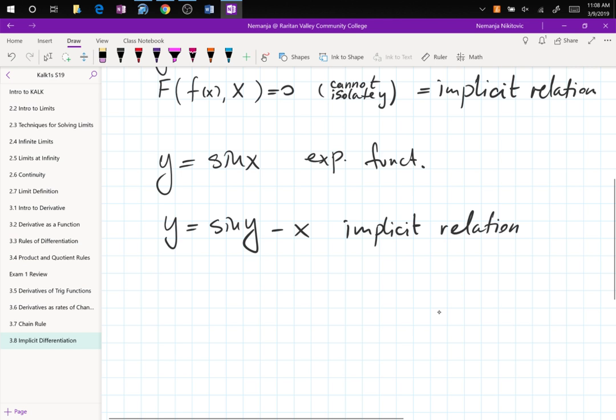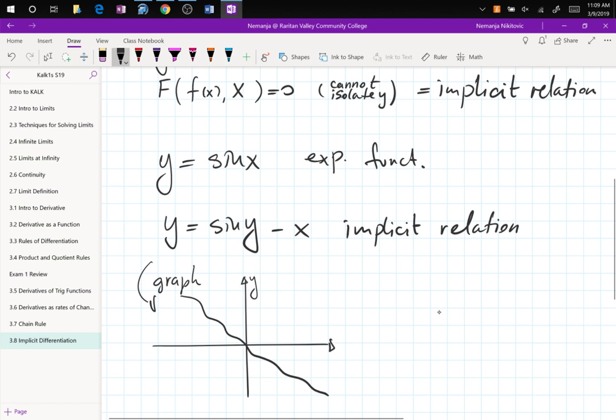Wow, interesting. All right, so the graph is this. It's a squiggle like that. You can find tangent lines. You know that there are tangent lines, which means there is a derivative for something like this. So there has to be a way to find that derivative, and that would be what we call implicit differentiation.